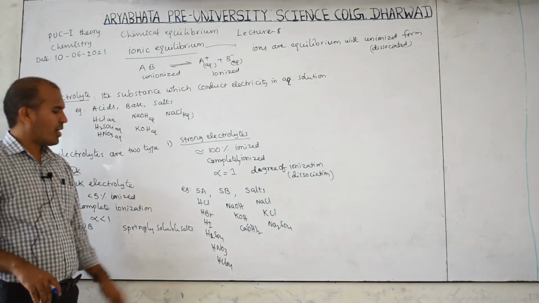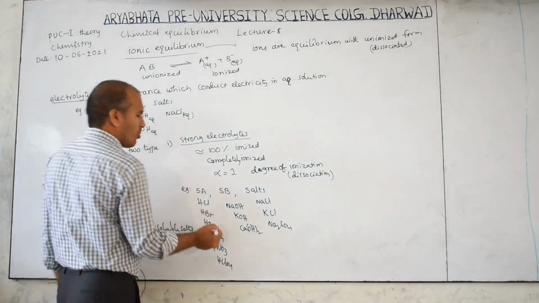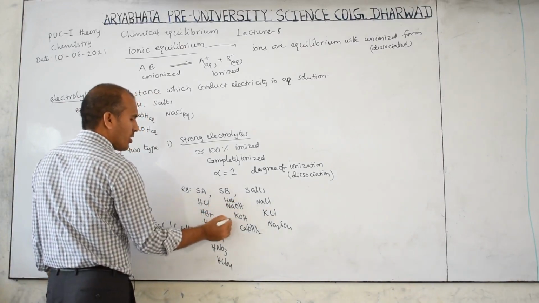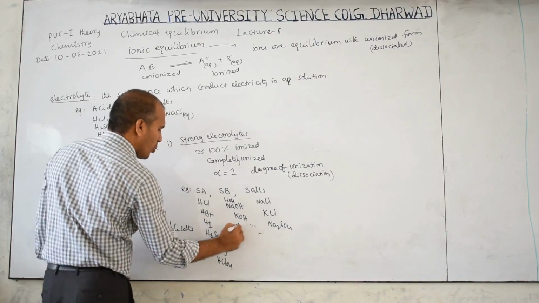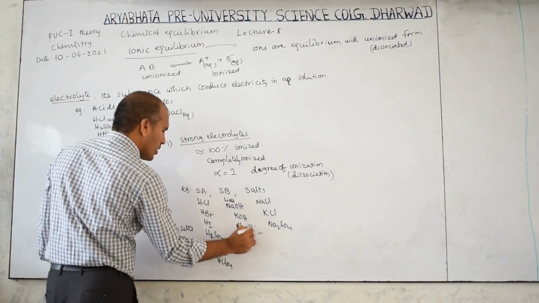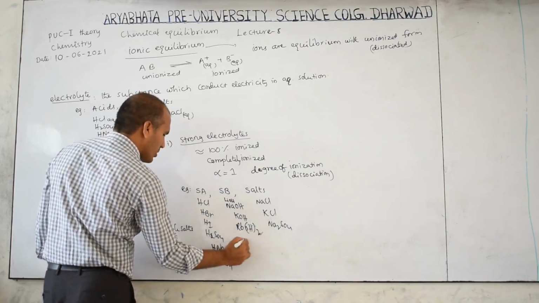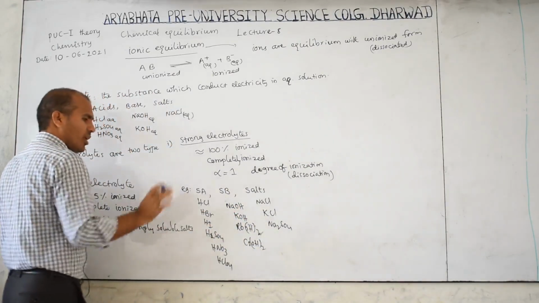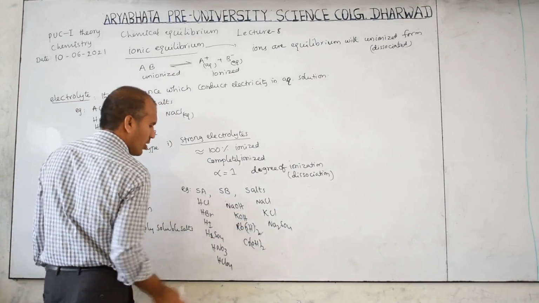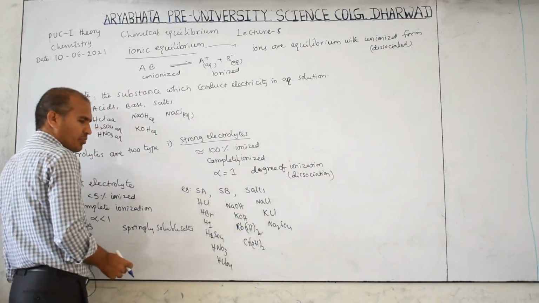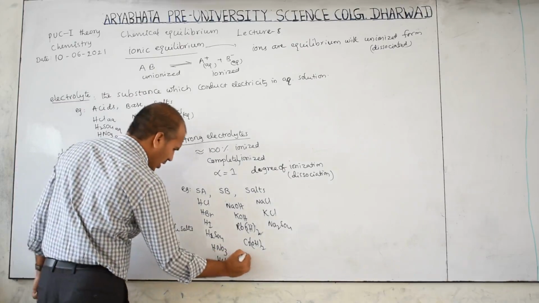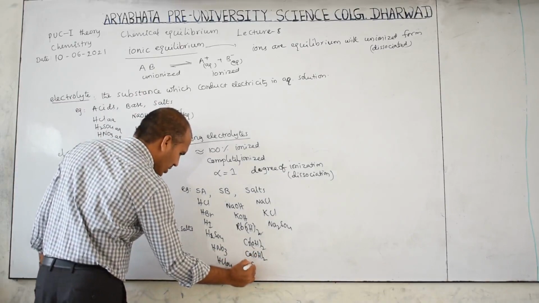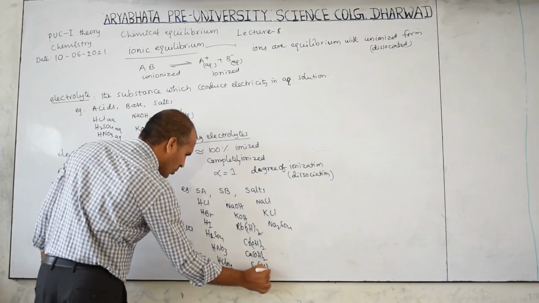These are strong acids, and strong bases are lithium hydroxide, sodium hydroxide, potassium hydroxide, rubidium hydroxide, and cesium hydroxide. These are rare cases we are considering, that's why we can eliminate. 1, 2, 3, 4: sodium, potassium, rubidium, cesium, then calcium hydroxide and strontium hydroxide, like this.